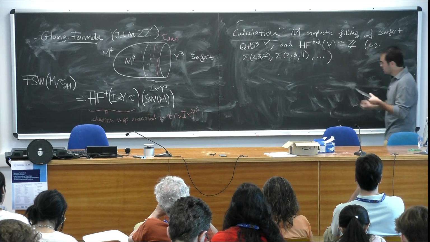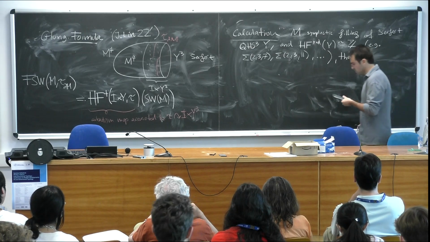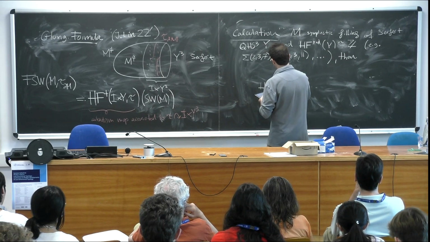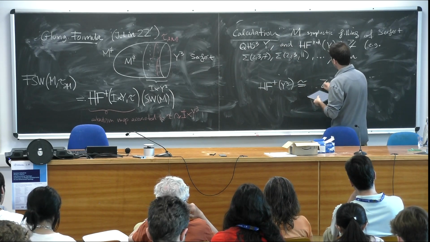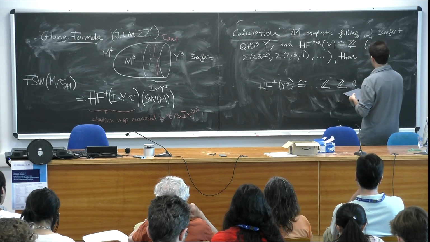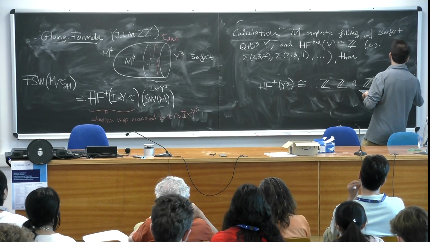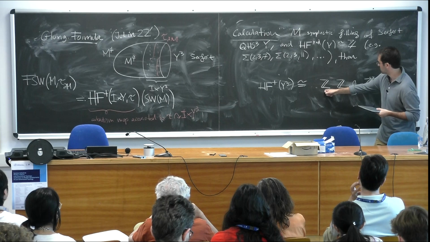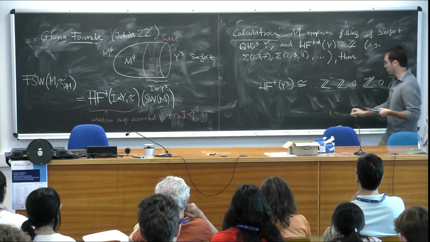In this case, our computation is the following. The HF plus monopole Floer homology of this three-manifold looks something like this. This is the U tower, and that's the additional summand corresponding to the fact that the reduced Floer homology has rank 1.